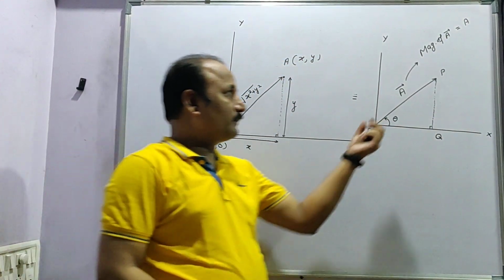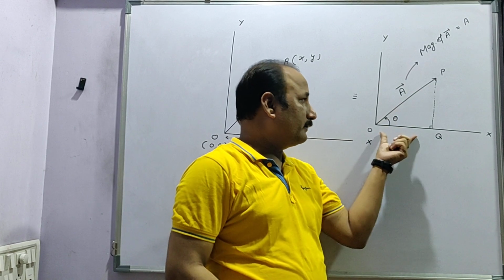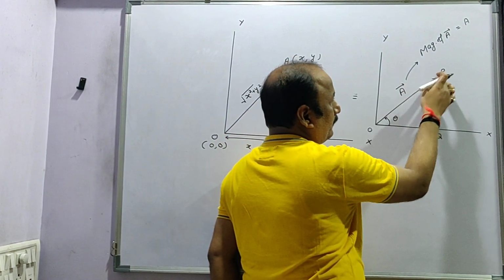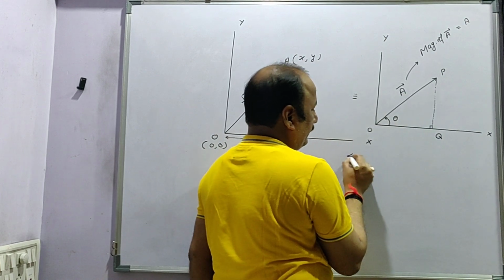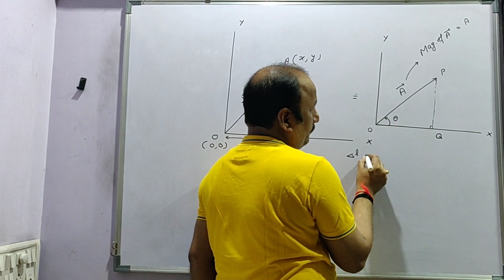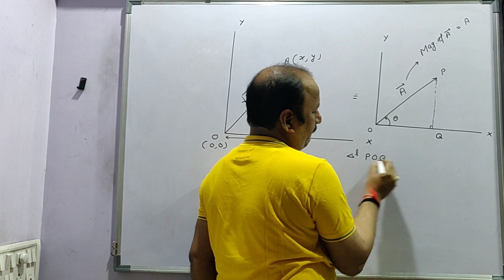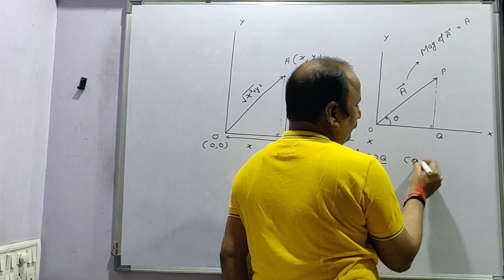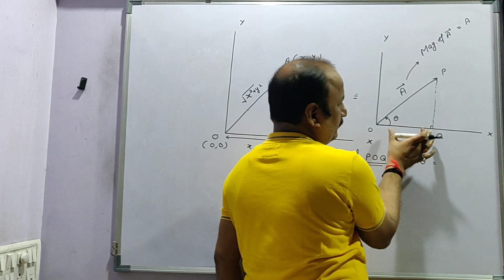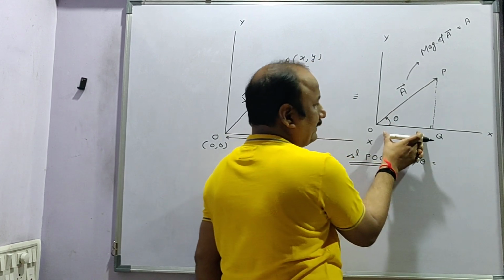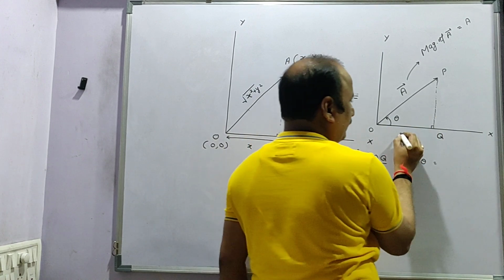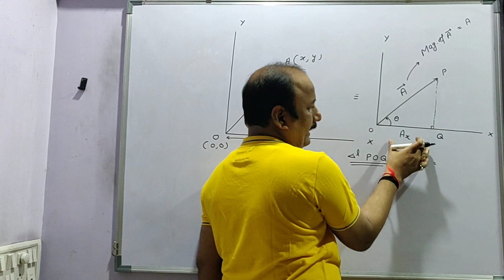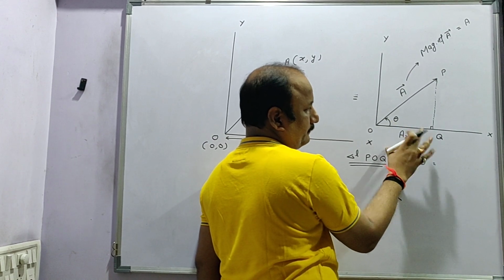Now what will be the effect of this vector along this direction, the x-axis? So this is A. Now take this triangle. In triangle POQ, cos theta is base upon hypotenuse, and the length of this, let us take Ax, meaning the effect of this vector along the x-axis.